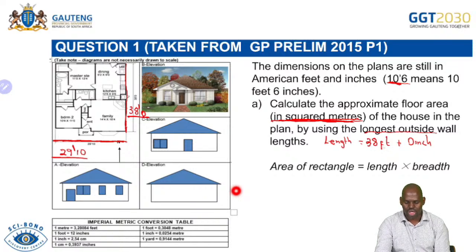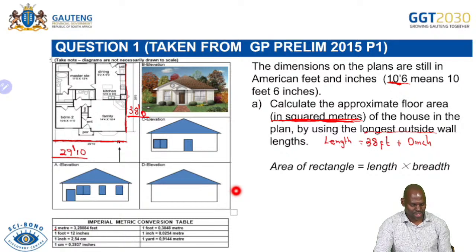Now let's see. Do we have the conversion factor? Do we know how to convert from foot to meters? Let us look at the information that is given. There you've got 1 meter is equal to 3,28084 feet, and 1 foot is equal to 12 inches.